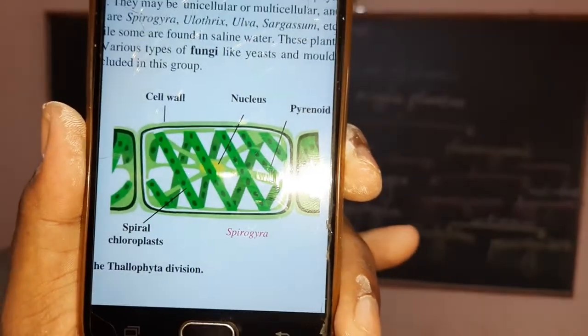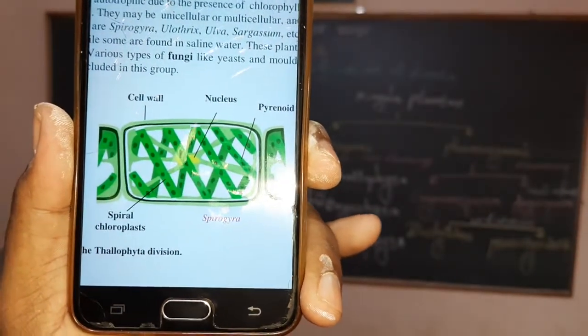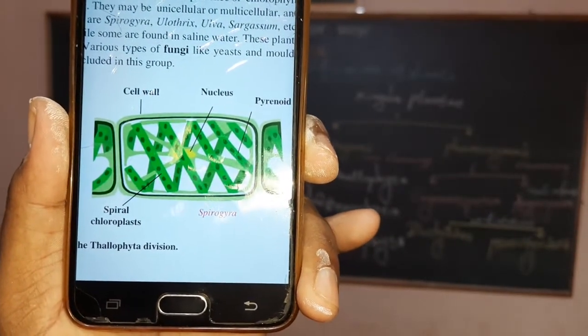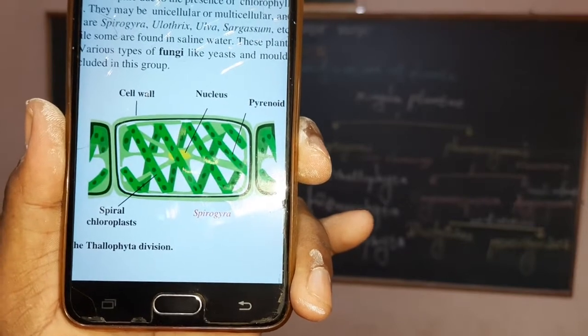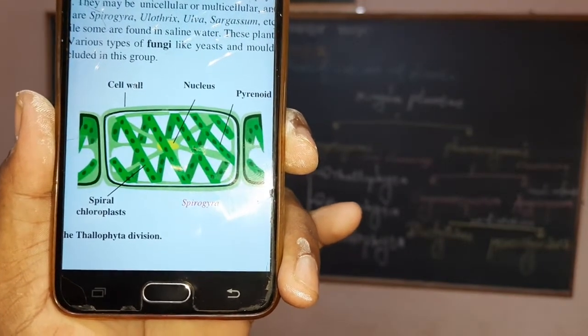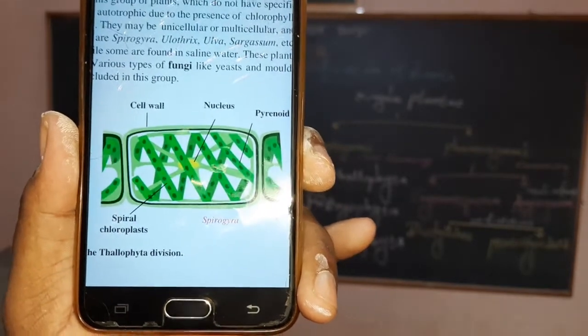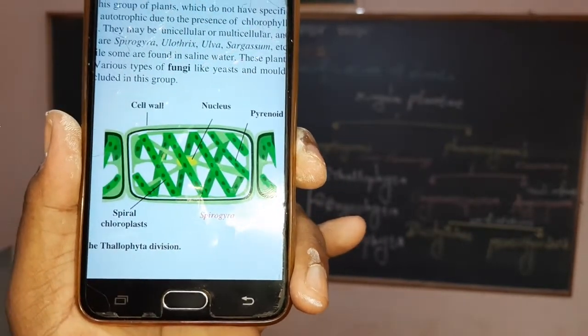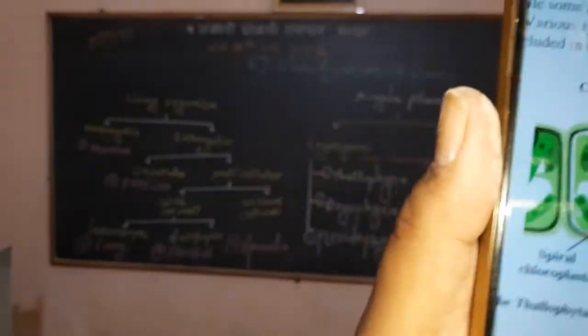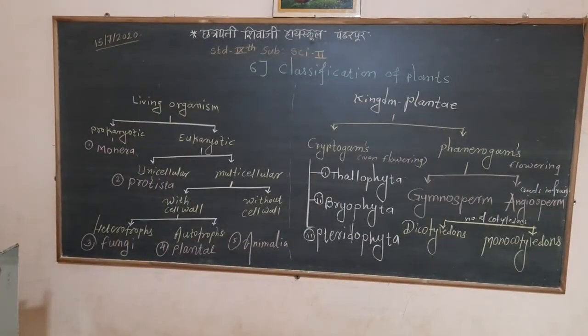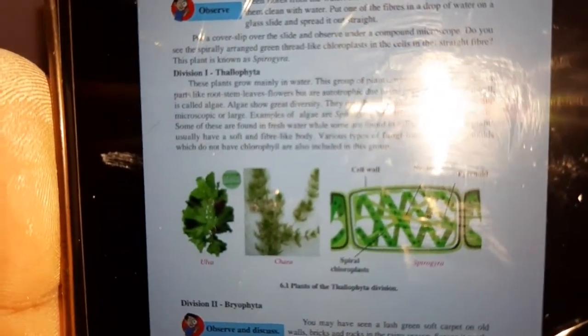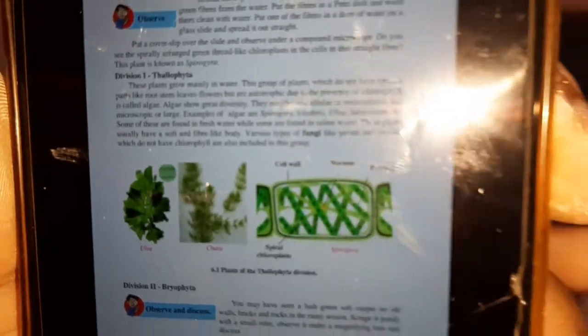Then the nucleus is present, yellow colored, and the other things are the pyrenoids and spiral chloroplast, which is one of the characteristics, and depending upon this the alga is called Spirogyra. So we can see the different organisms present here: Ulva, then Chara, and also Spirogyra.